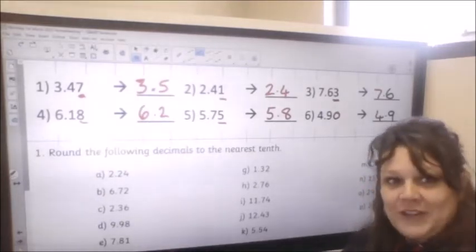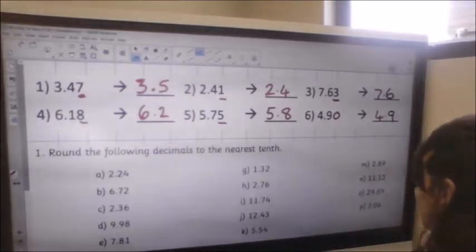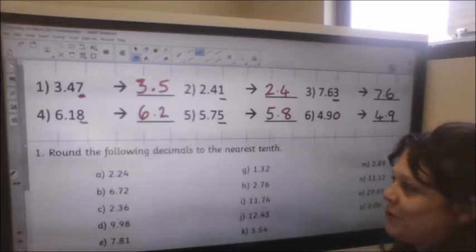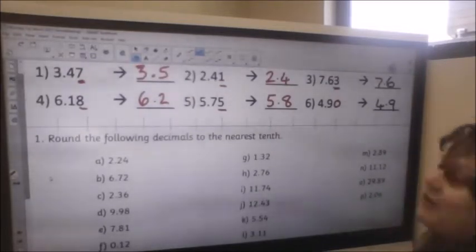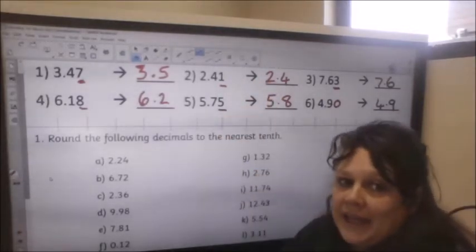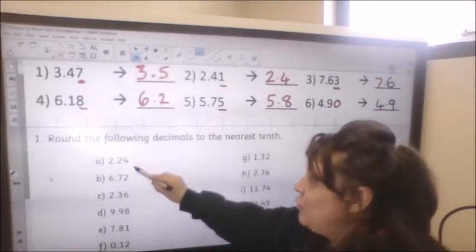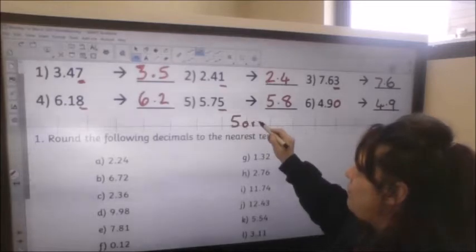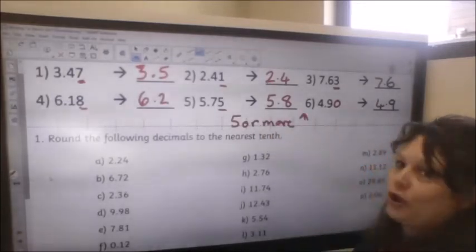So just like we've just done, you've got a few decimal numbers to have a go at rounding to the nearest tenth. Now, my advice would be, like I did, underline the hundredths column. And remember, 5 or more, you're going to round up.